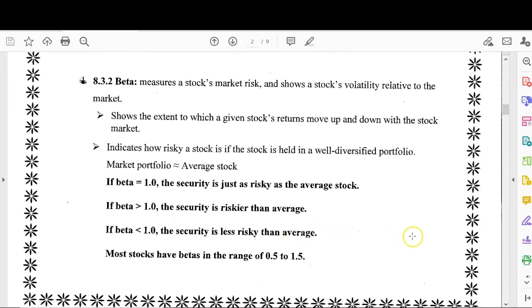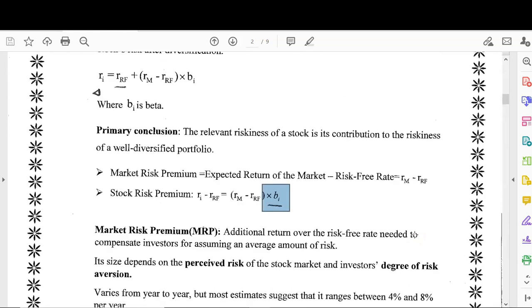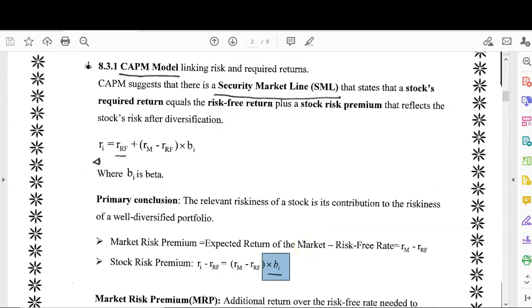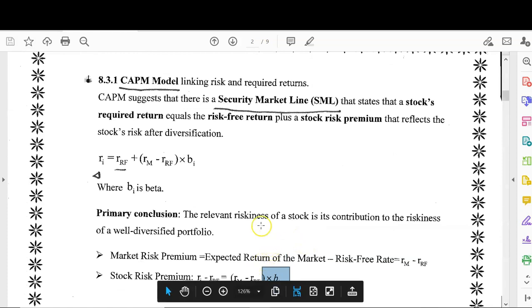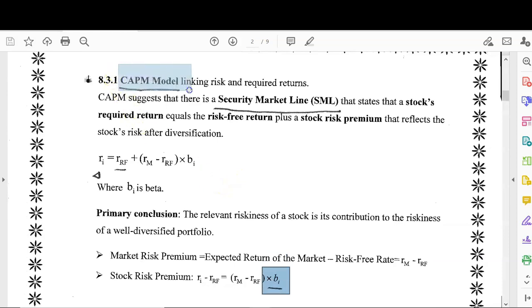Okay, so that's stock risk premium and market risk premium. Okay, so when we combine these two concepts, we would have this CAPM model. The stock return RI equals the risk-free rate plus stock risk premium. And stock risk premium equals market risk premium multiplied by beta.